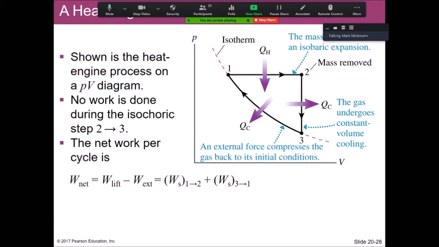That's our QC, that's our cold reservoir. It cools off, we drop to a lower isotherm, we drop to a lower pressure, because we took that mass off, and we have a constant volume process happening now, right? And then the last step is an isothermal process by which we have more heat exchange, but we keep the temperature the same. And it's ultimately a cyclic process.